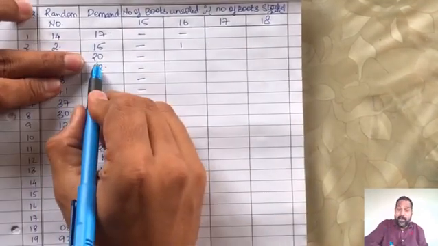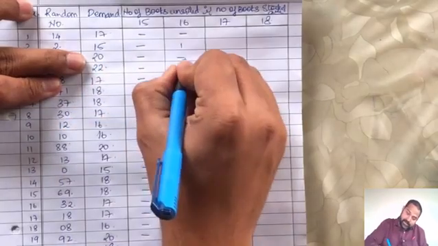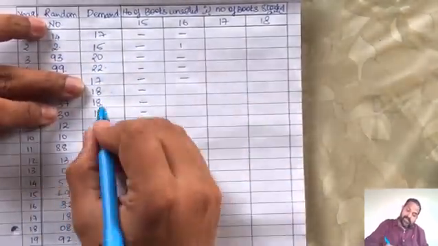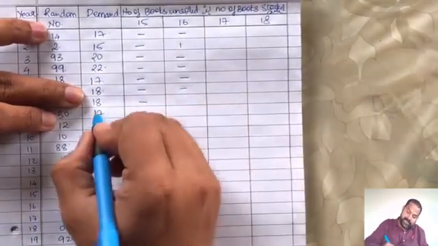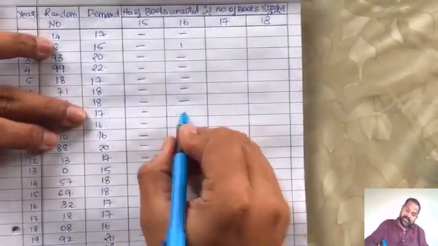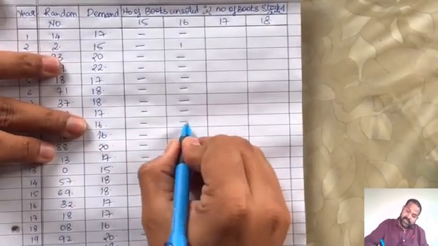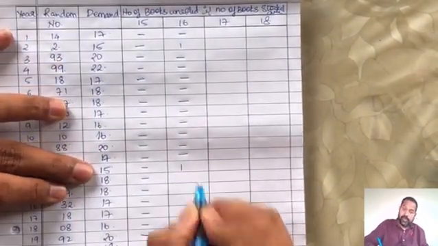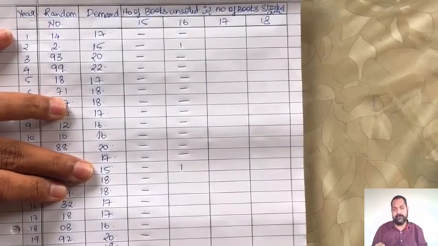Will you be able to sell all 16? No. I will have one unsold book. For the other demands, yes, yes, yes, yes, and no. There will be one book left.